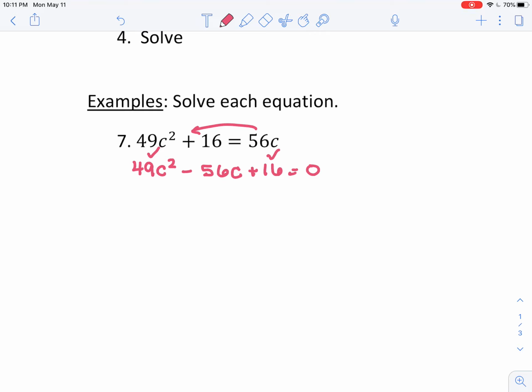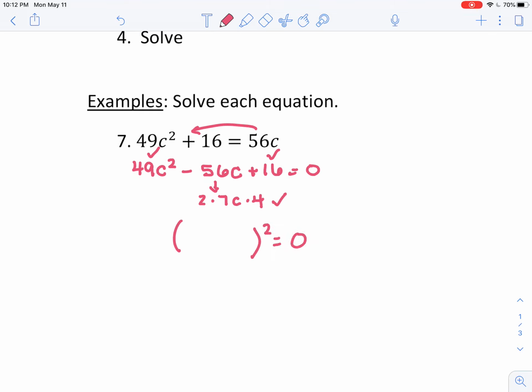Then I can check my first term is a perfect square, my last term is a perfect square. The middle should be 2 times 7c times 4. That's 2 times square root of the first times square root of the last. 2 times 7c times 4 is 56c.